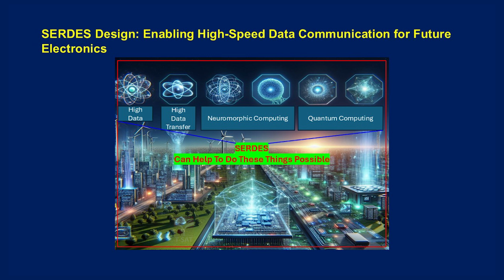Mainly there is a term that we use every now and then, artificial intelligence, and there also we are exposed to a huge amount of data, and that data needs to be transferred from one device to another device, or from one side to another side through a medium. So that's a huge data transfer requirement.